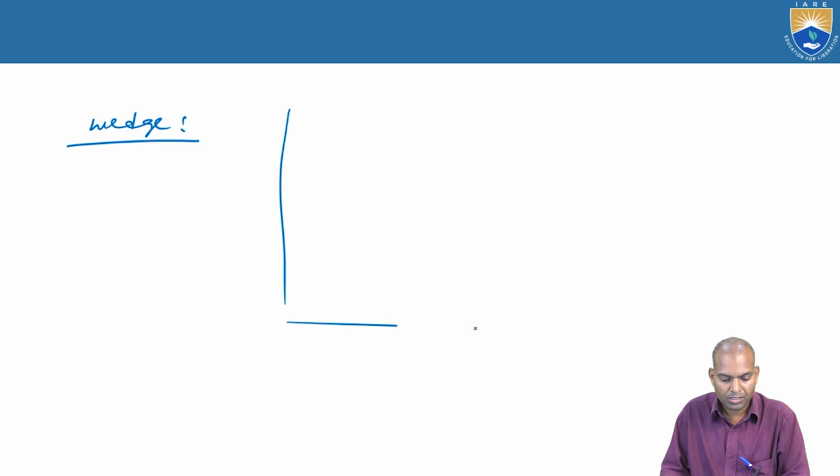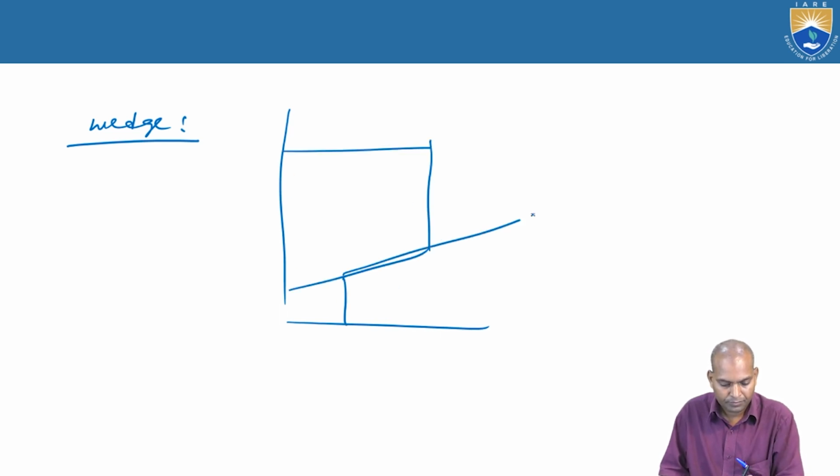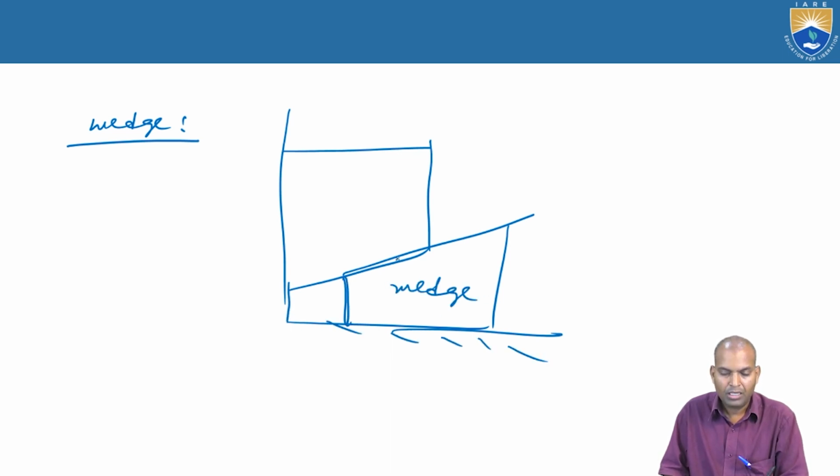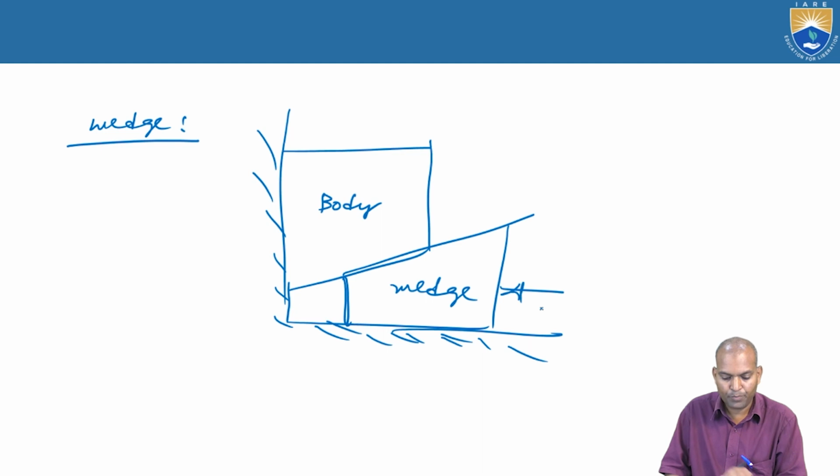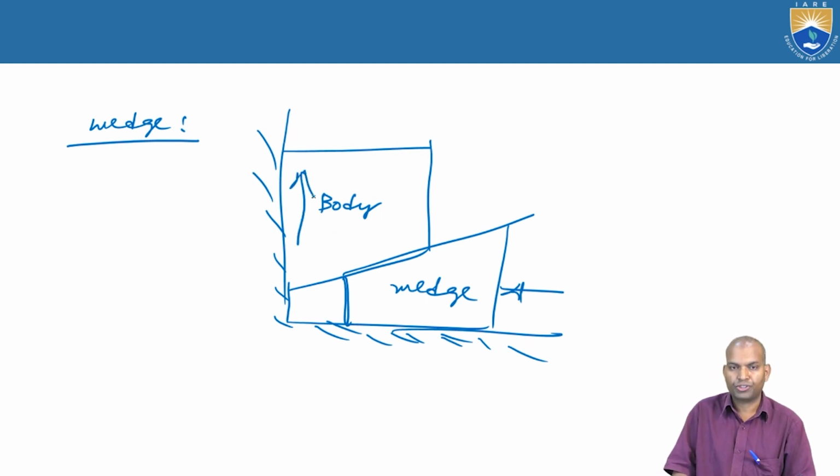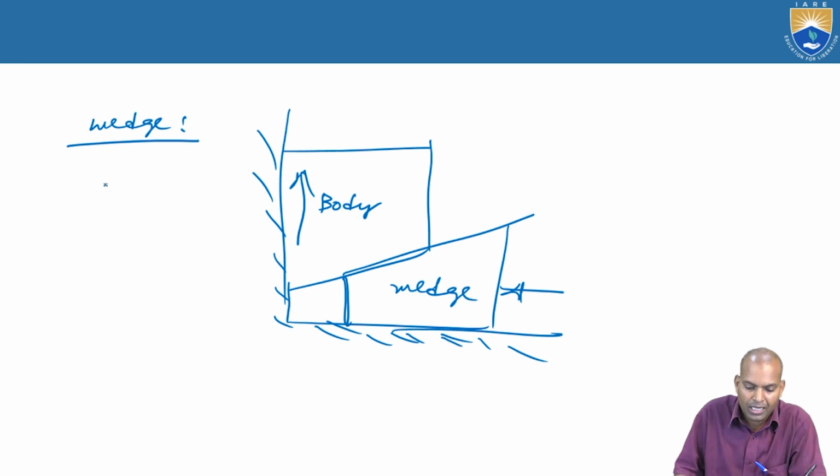Wedge friction means there is a body and this is the wedge. The body's weight acts vertically downwards, and if you push the wedge in this direction, the body moves upwards. In order to lift heavy weights, we use a wedge.